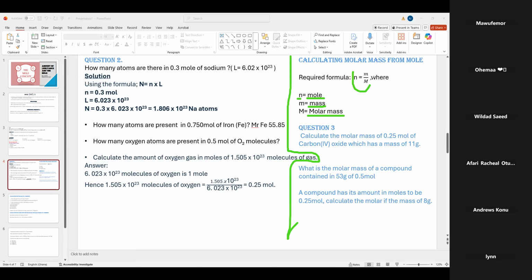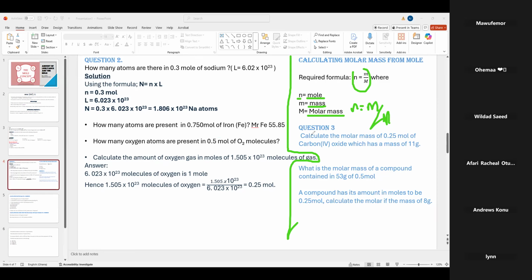So the formula is n equals m over M. And then you know the parameters.